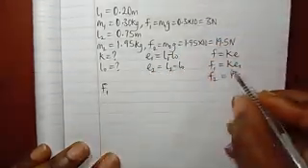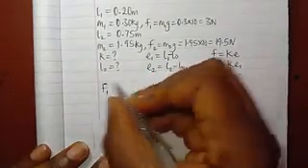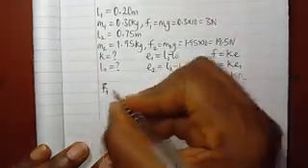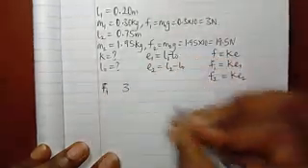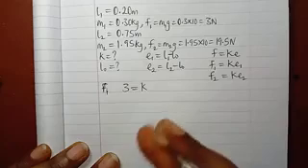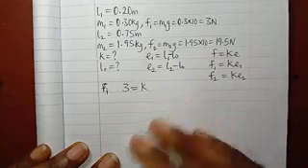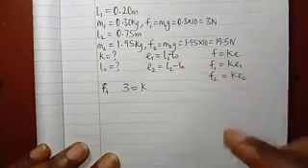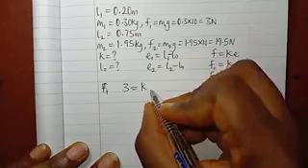Let's write the equation for F1. Our F1 is 3 Newton, so we have 3 Newton is equal to K. The constant for the same material is the same, so K is K. There is no K1, there is no K2.